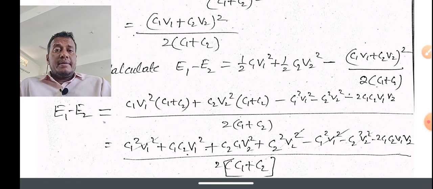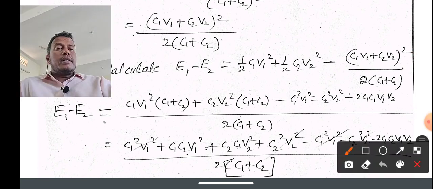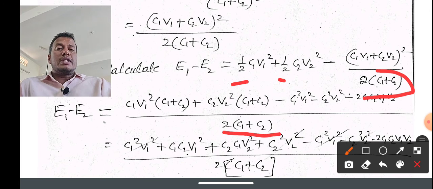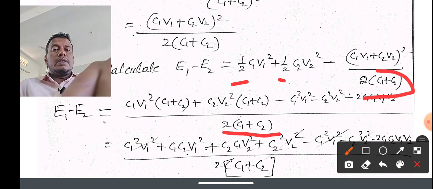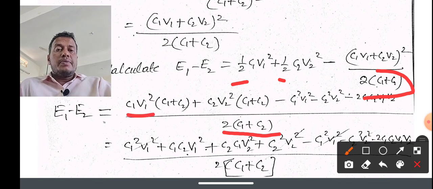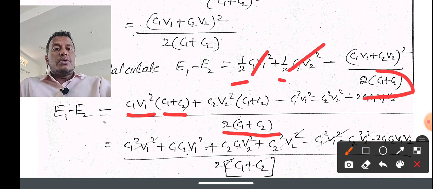you will be seeing here, just take the 2 into C1 plus C2 as the LCM outside, and multiply with this one. We get the unsimplified C1 V1 square and C1 plus C2 term, and C2 V2 square, and half of 2 is cancelled.